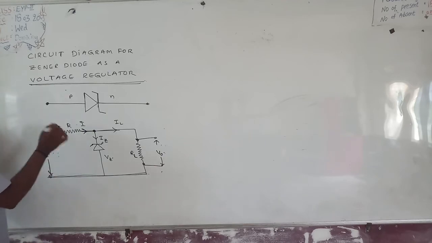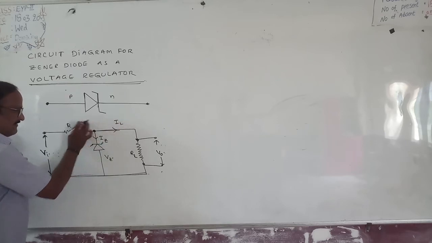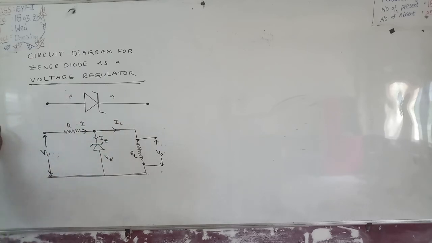See here, the input voltage is equal to 240 and the output voltage is V naught. So in many problems, we have to find the value of IL, and I value is to find the value of IZ. At this junction, the total current I will be divided into two parts.